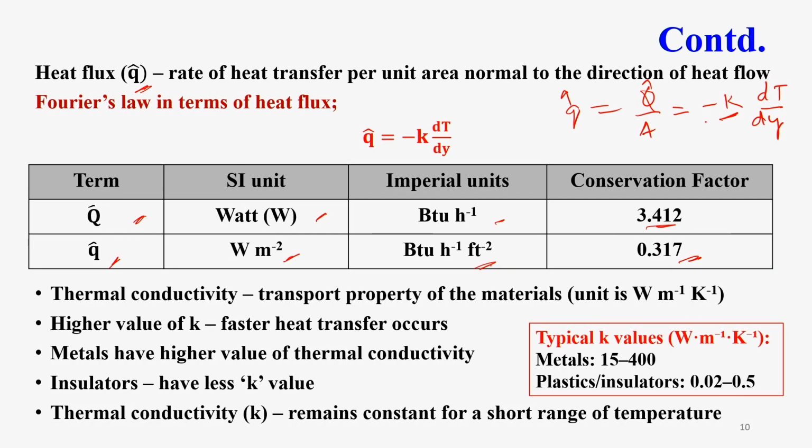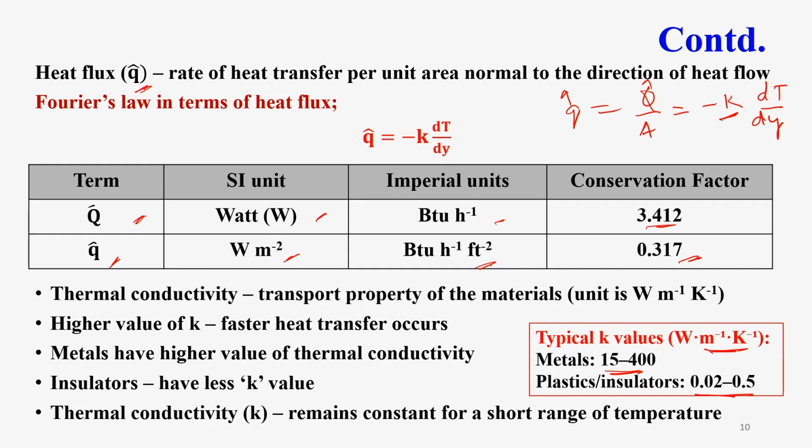One important parameter in conduction is the value of K, as the heat transfer is directly proportional to the value of K. That is very important. For metals, its value lies in the range of 50 to 400 watt per meter per degree Kelvin, and for plastics and insulators, it lies in the range of 0.2 to 0.5.